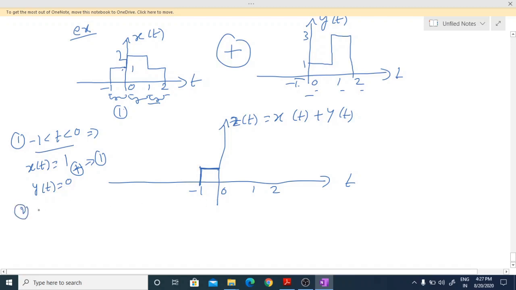In the second region, the t value is in between 0 to 1. In between 0 to 1, x of t is 2, and y of t is equal to 1. So if I add these two, we get the amplitude 3.